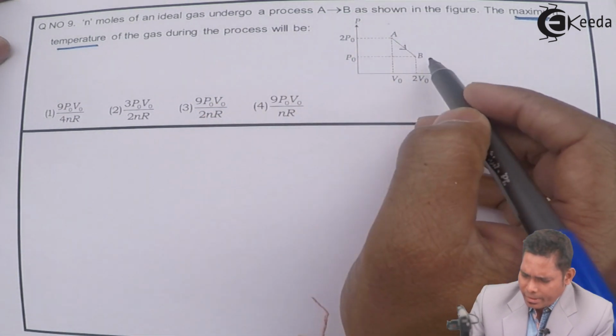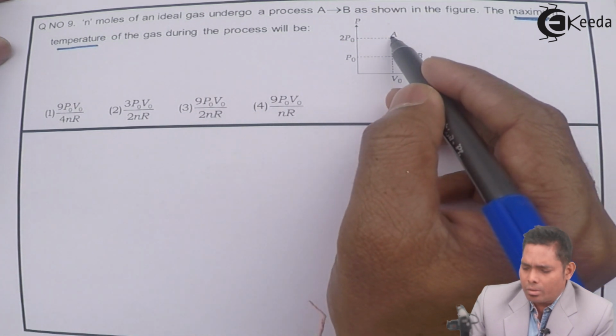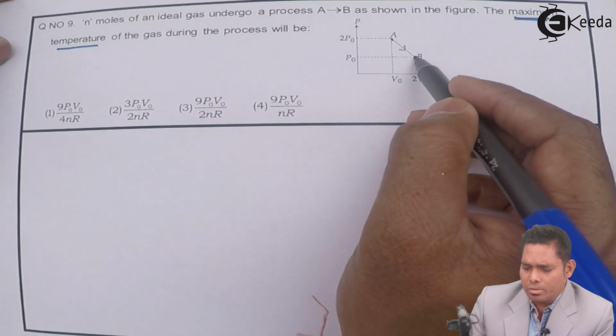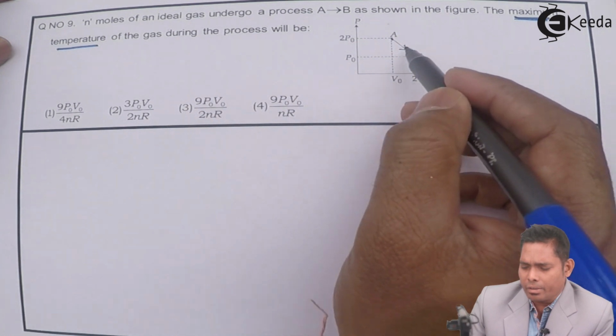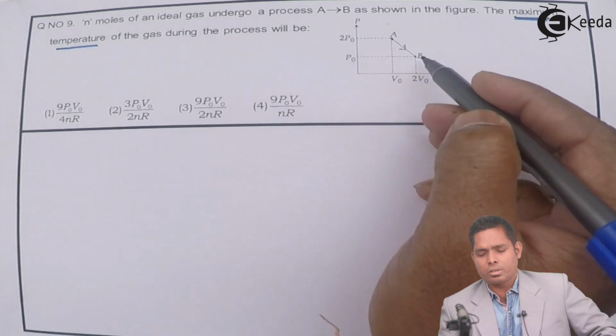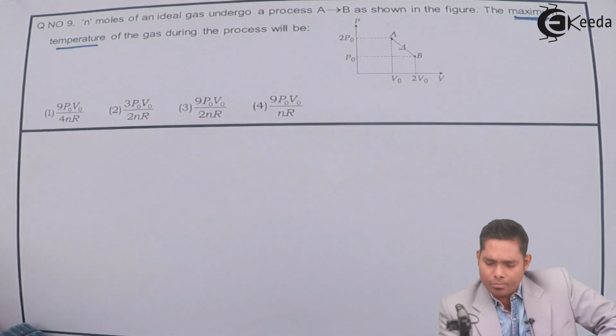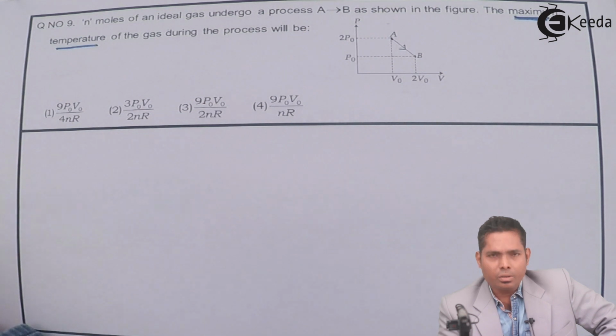You know the coordinates, and it is a straight line, and I know the coordinates of these 2 points. If I know two points, then I can get the equation of a straight line using the two-point form. Then I will go for calculations.